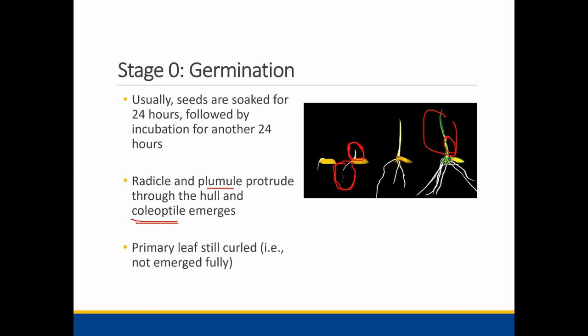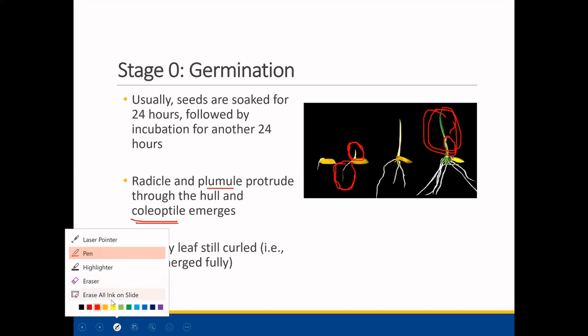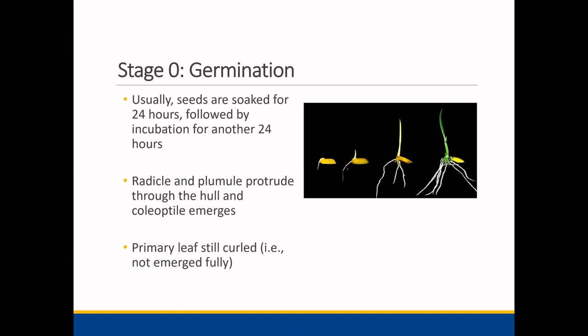And then you see this primary leaf here, that is still curled, not expanded fully. So that stage is zero, the germination stage. I was able to find a very good picture that shows you clearly how a germinating rice grain looks.